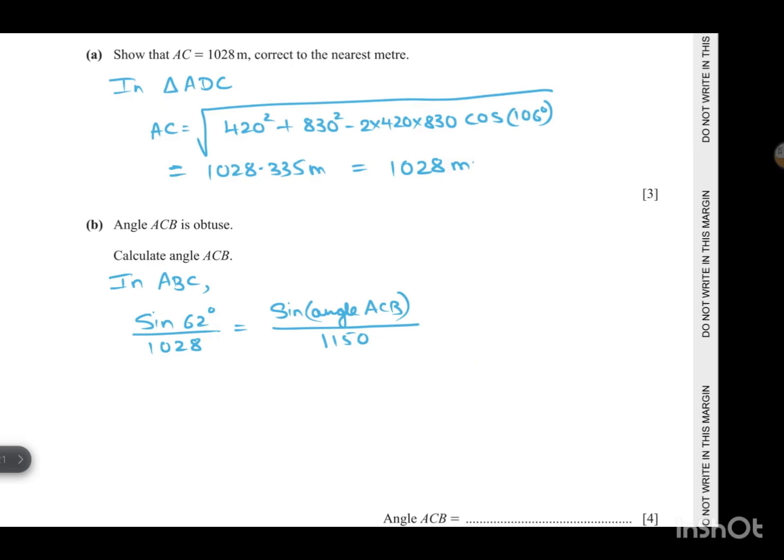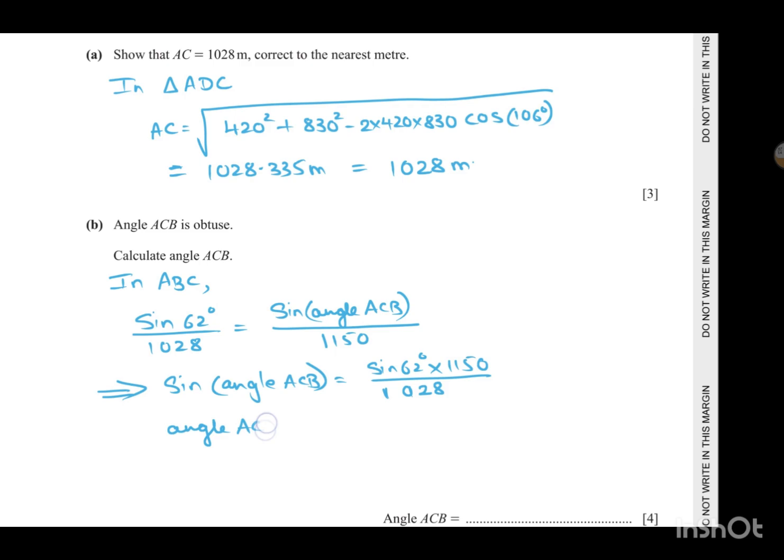Yes, 1150. Cross multiply, we will get sine angle ACB is equal to sine 62 multiplied by 1150 by 1028. So we need the angle, so we'll use the sine inverse function here.